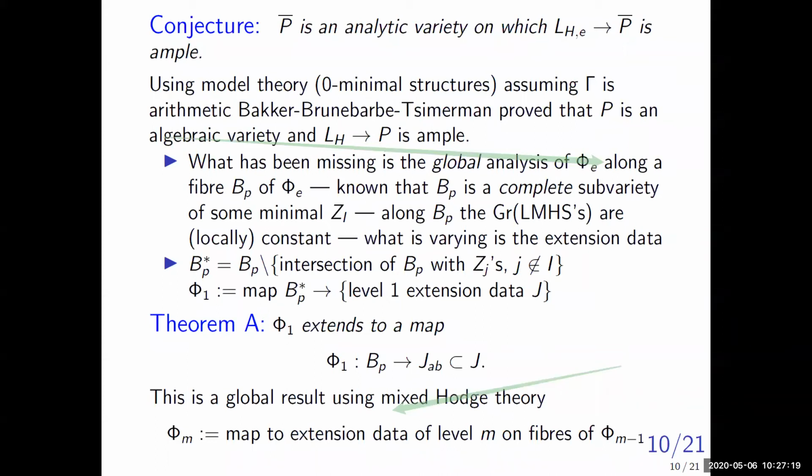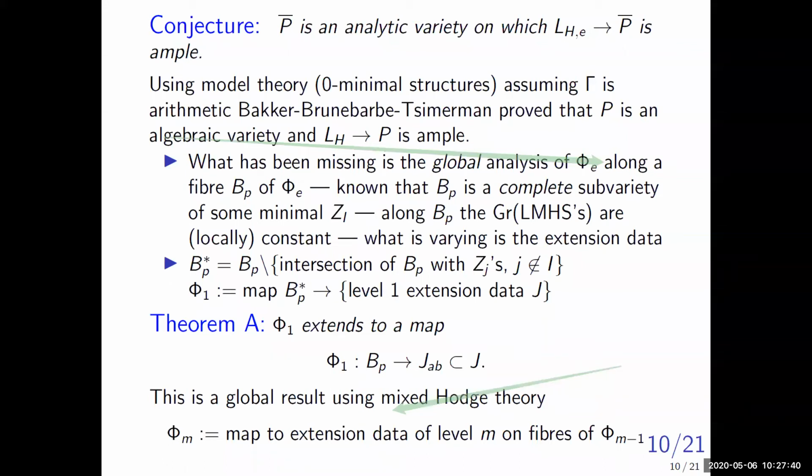Those have different weights. So the mapping on the first homology kills the mapping that comes off the stuff that you took out of the fiber. In other words, it induces a mapping on the first homology of the complete fiber, BP.